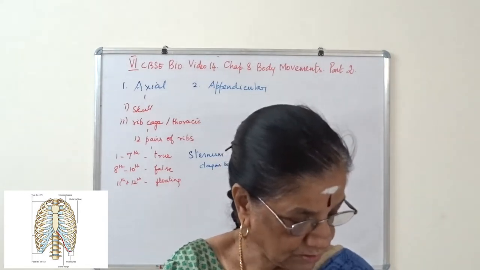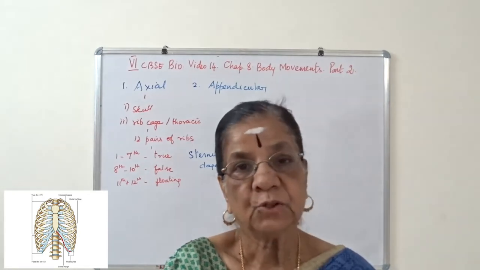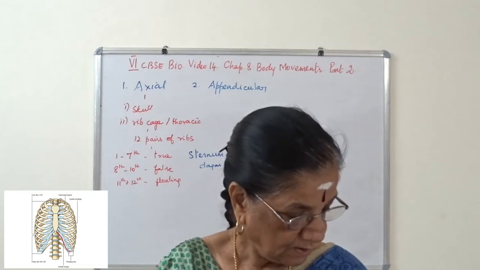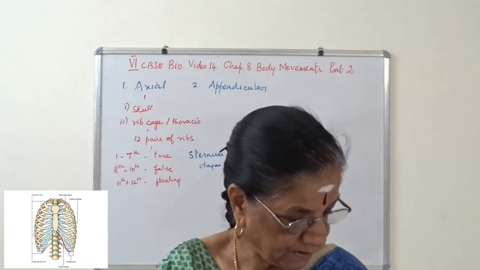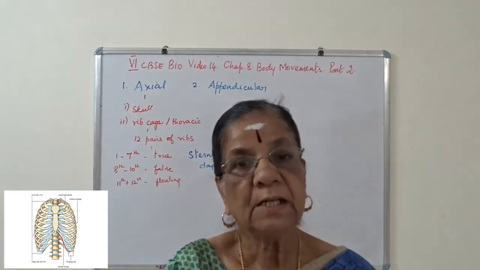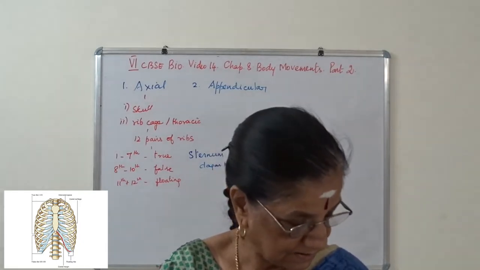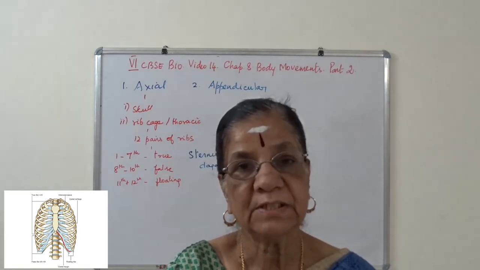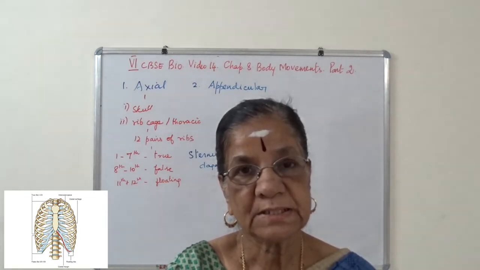Now the ribs are also connected behind to the thoracic region of the vertebral column. The thoracic cage encloses a space called the thoracic cavity, and it protects the heart and the lungs that are located inside the thoracic cavity. I hope you understand.